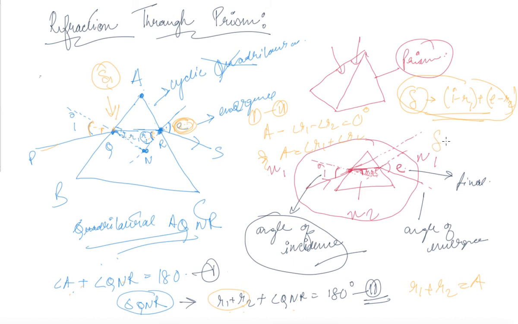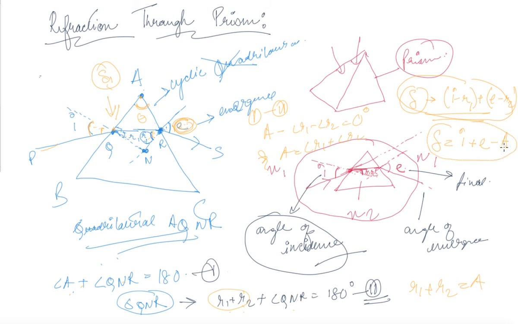So now deviation is equal to angle of incidence plus angle of emergence minus A. Now what is A? This is the angle the prism makes at its tip, and this is responsible for your deviation.